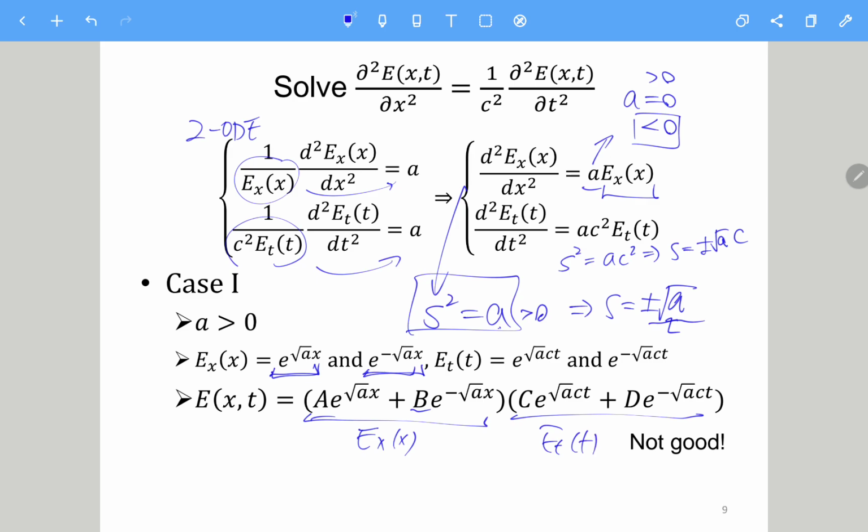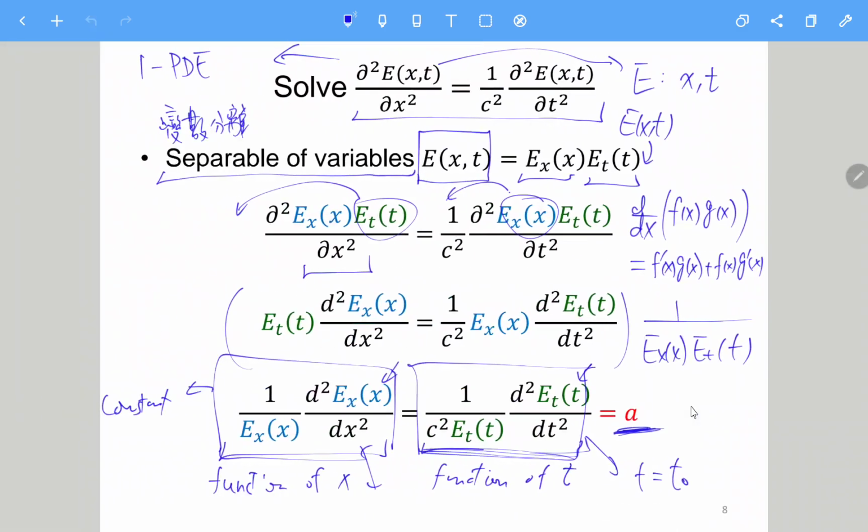Similarly, we have a capital constant C. Try to distinguish this: capital C is just an arbitrary constant. Later on you will know this is actually the speed of light. So here we have capital C multiplied by this solution, plus D multiplied by this solution, and together this is E_t of t.